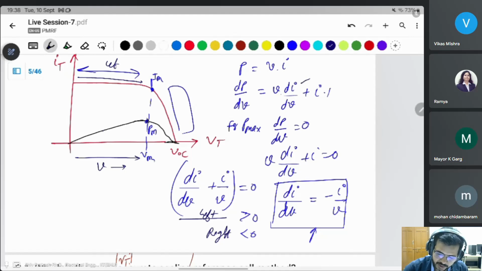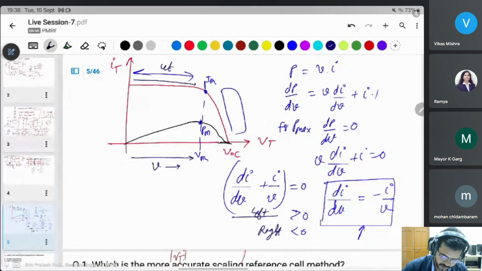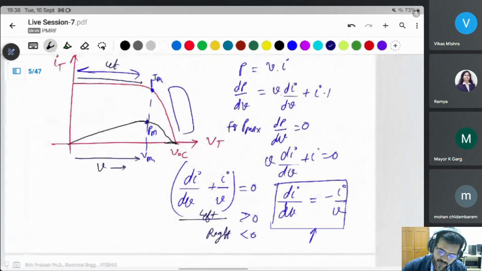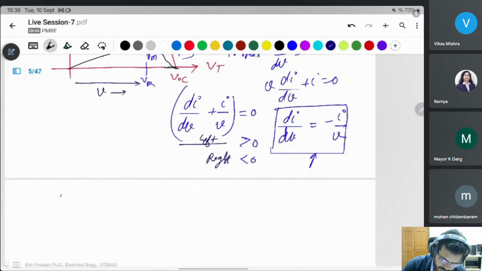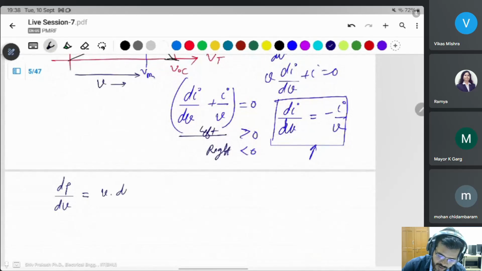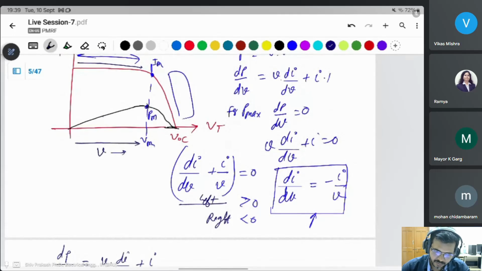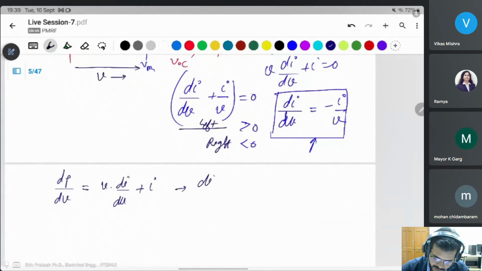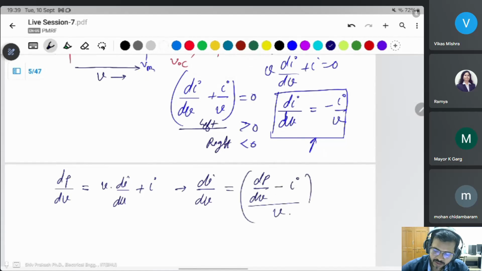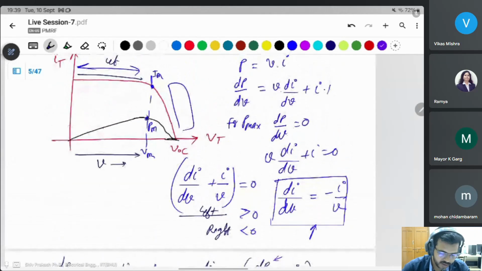You can calculate this from that equation: dP by dV equals V into dI by dV plus I. You can take this into dI by dV, so this will be dP by dV minus I divided by V. The whole thing depends on dP by dV.